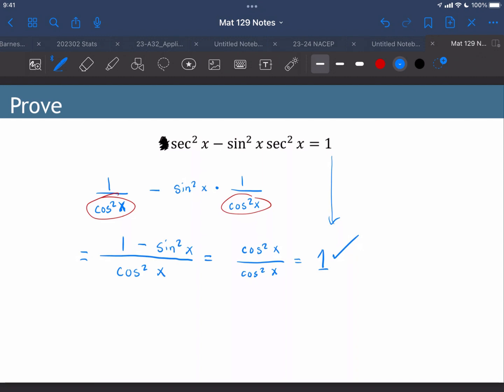By the way, now that I have the correct thing there, let's quickly solve it another way. Now that the 2 is out of there, both of those have a secant. I could pull out the secant, and then that would give me 1 minus sine squared. Well, what's 1 minus sine squared? That's cosine squared.